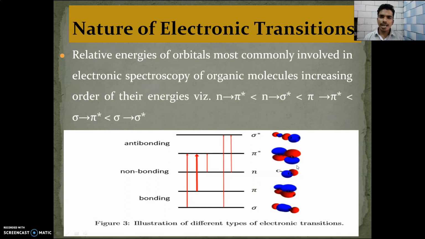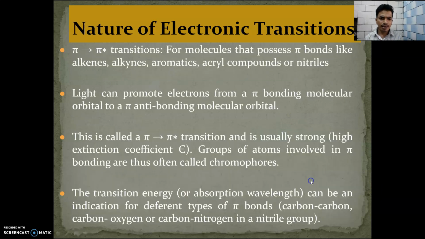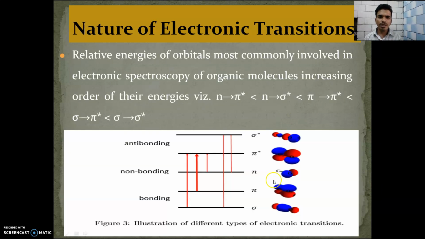The nature of this electronic transition: if you consider the n to pi star, if the molecule has a non-bonding orbital, then that electron is excited to pi star.